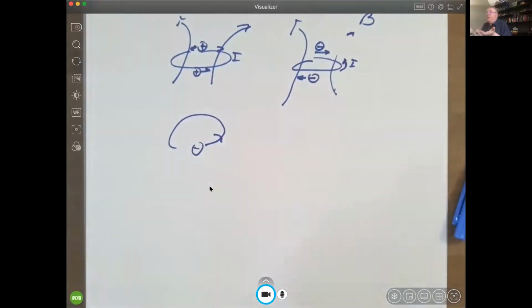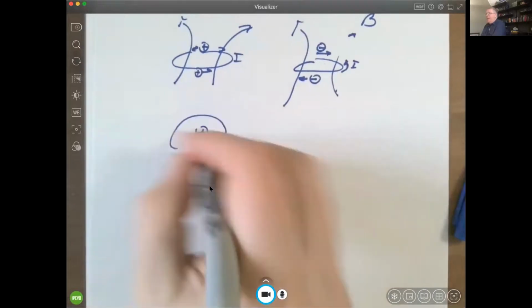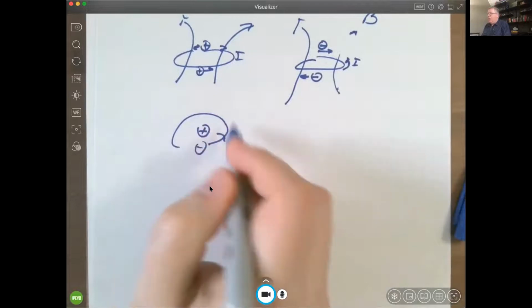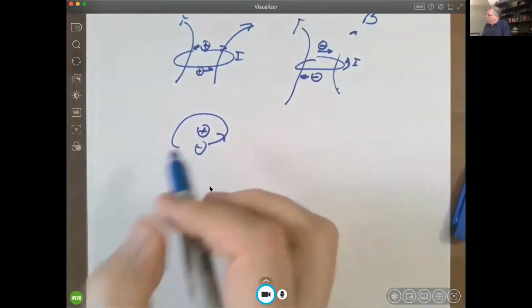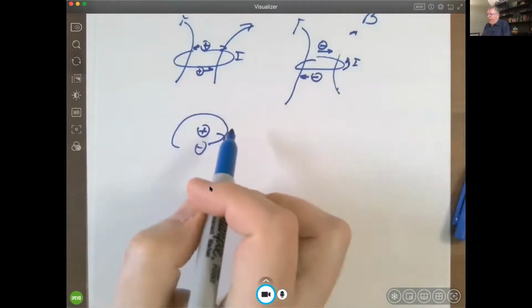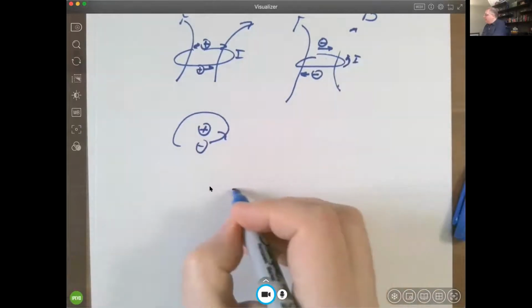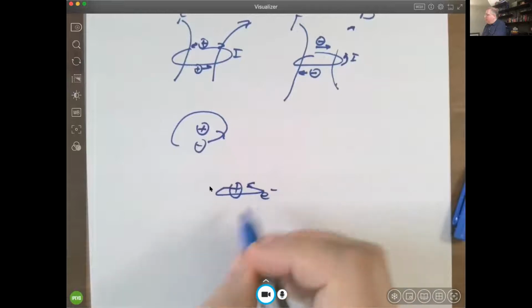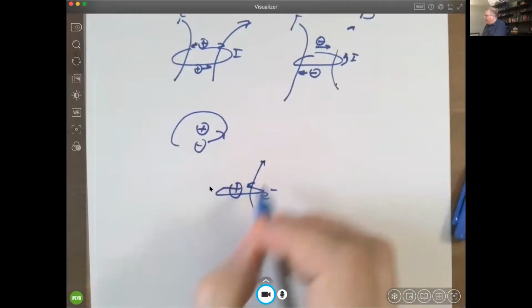Now, there's an object we all know about that has little electrons moving in circles, right? That's an atom. An atom has a positively charged nucleus in the center, and electrons that, to a first approximation, are basically moving in circles around that atom. So if I have an atom, depending on how many electrons I have and which way they're moving around, it's going to create a magnetic field.